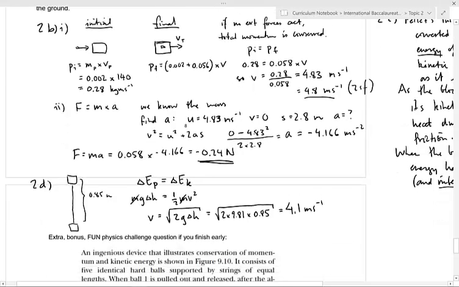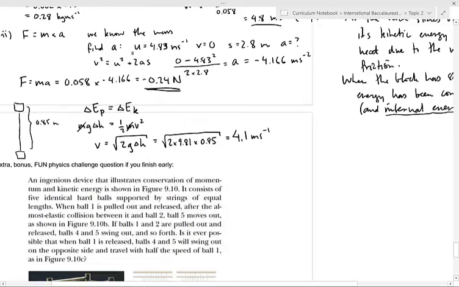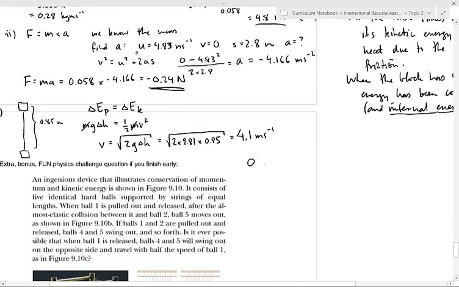Note that we could have done this another way. I'll do it the other way as well.